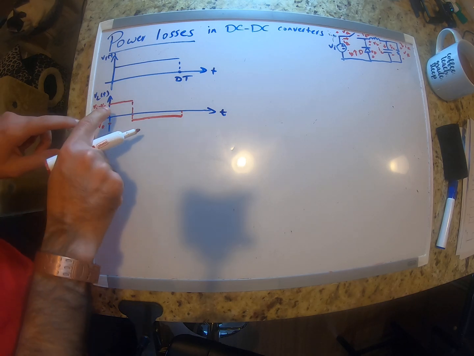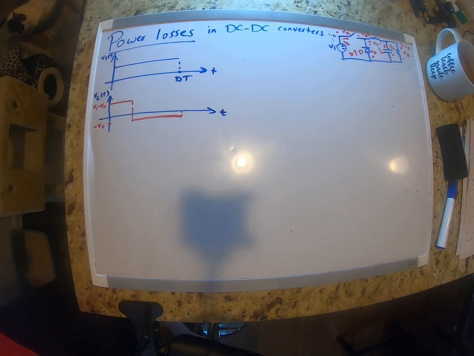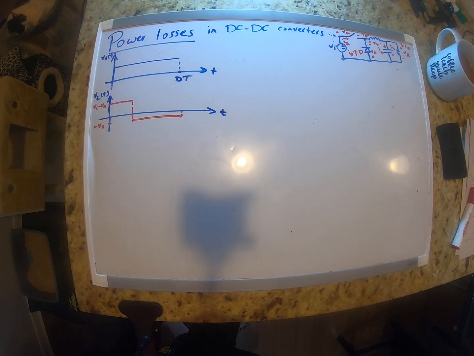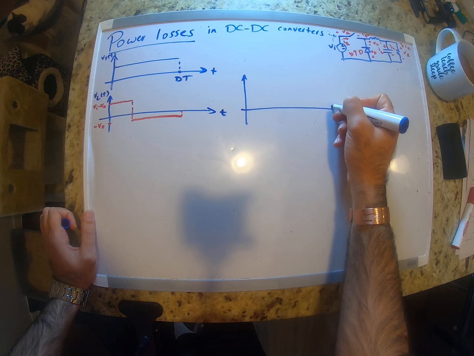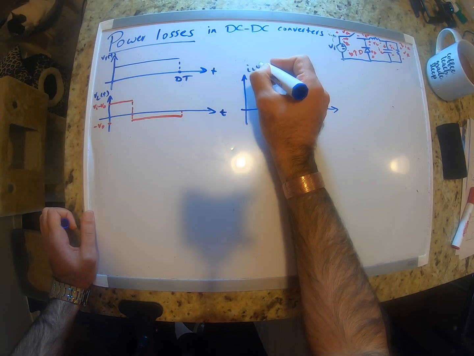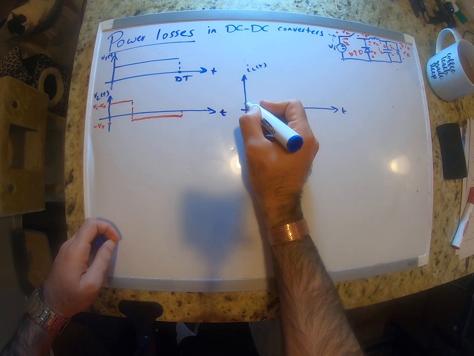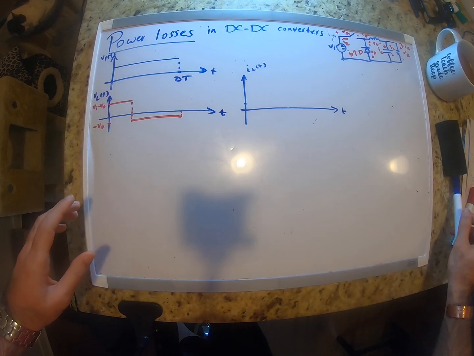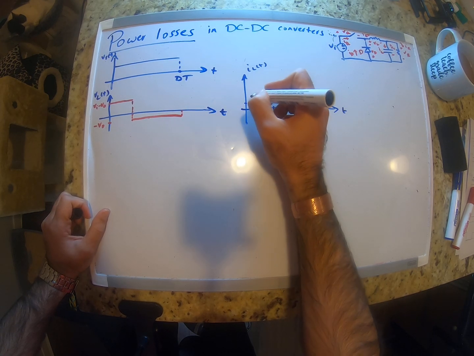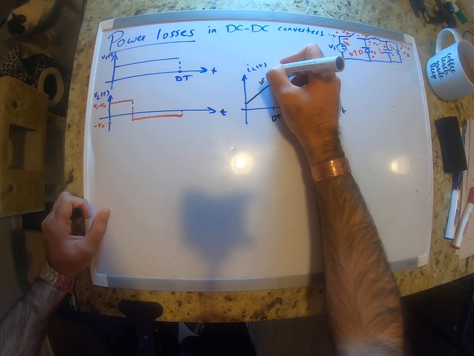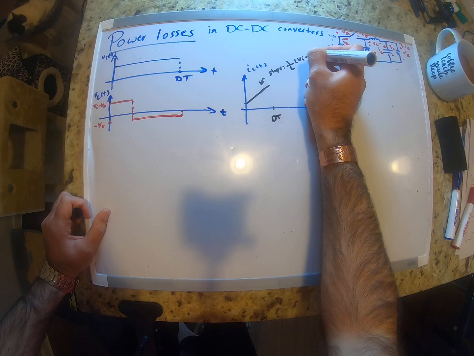And you guys remember that based on volt-second balance, this area has to be equal to this area in order to stay in the steady state. Okay, if we have this, now it's easy to draw the inductor current, IL of t over t. Assuming that we have an initial current here, for the first dt seconds, the inductor current is going to increase with the slope of 1 over L times Vi minus Vo.